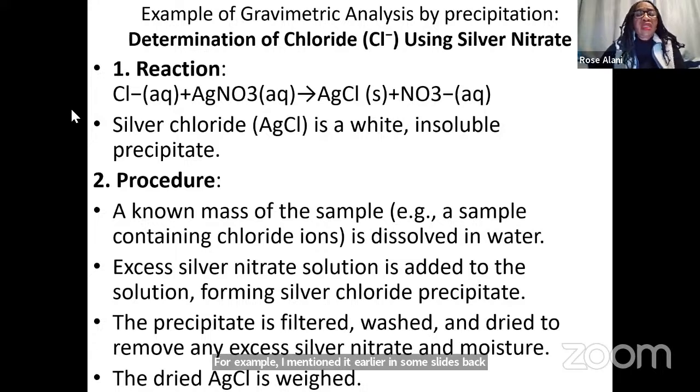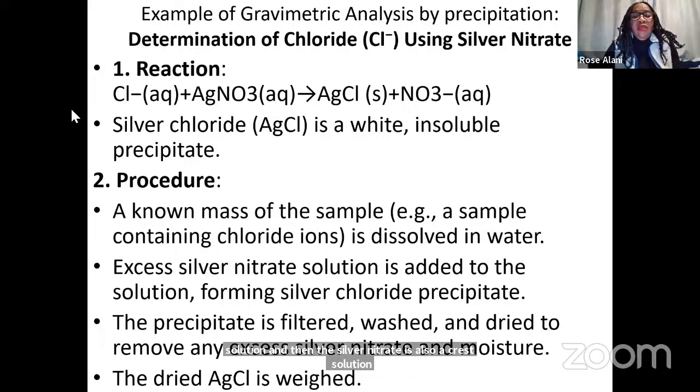The solution containing the chloride, the aqueous solution, and the silver nitrate, also an aqueous solution, react and you get silver chloride. Silver chloride is a white insoluble precipitate.